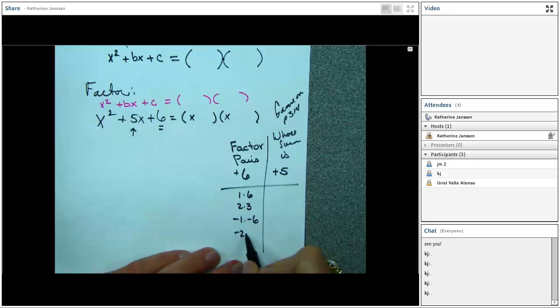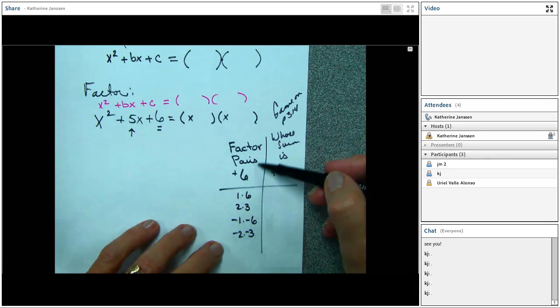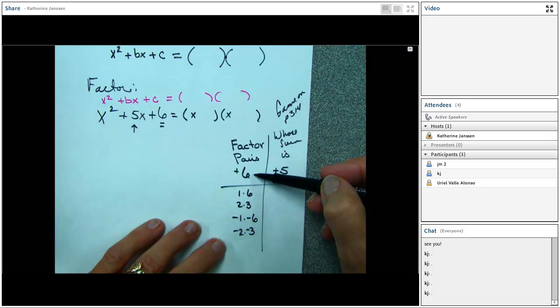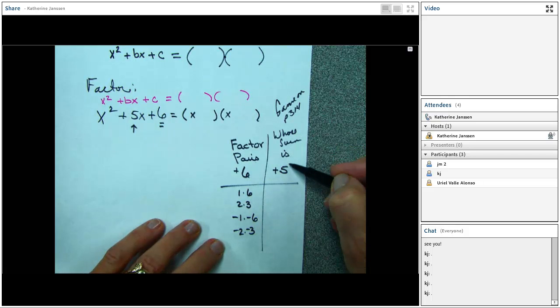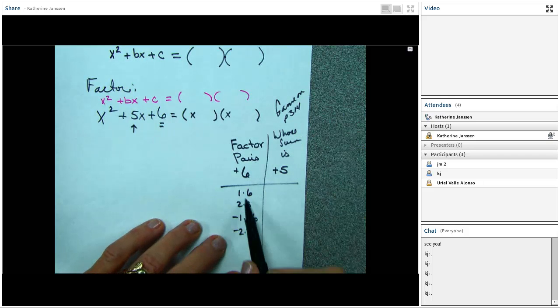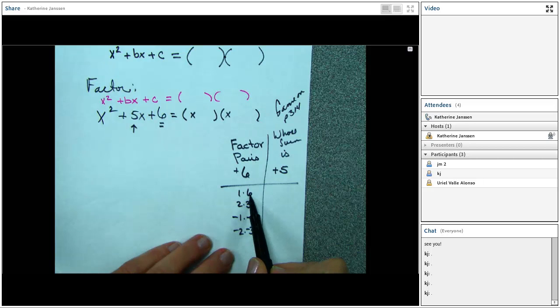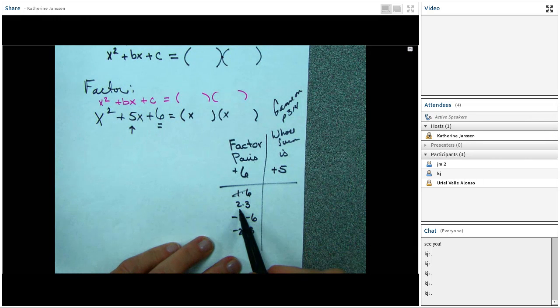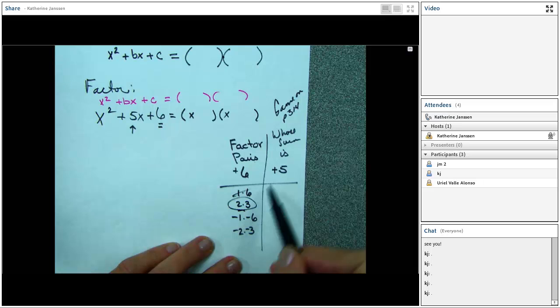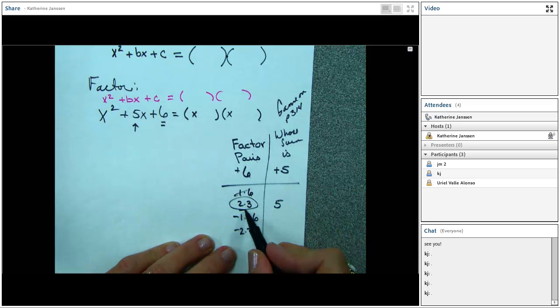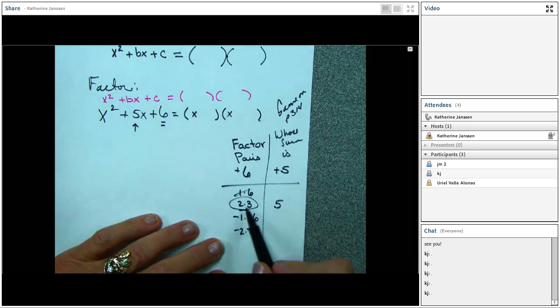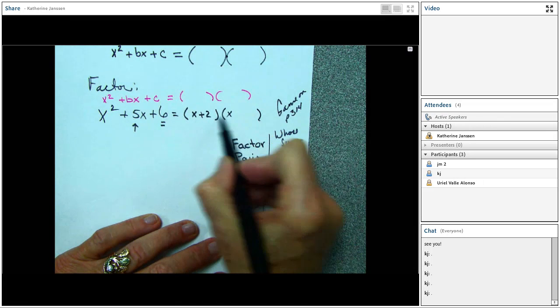Negative 2 times a negative 3 would still be a positive 6. So I found factor pairs of positive 6, but I want to add the factors to get a positive 5. 1 plus 6 is not 5. 2 plus 3 is equal to 5. So there's your factor pair, and you simply write them in, a positive 2, positive 3.